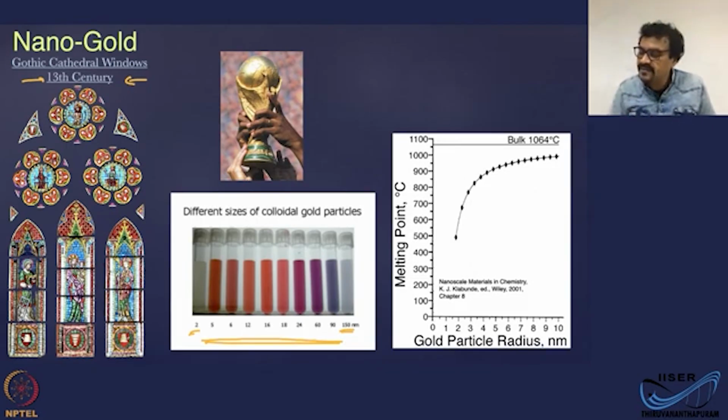Another data where the melting point is going to change as a function of the particle size. When you have a small nanoparticle, nano gold, the melting point is so low, and when it reaches large size, it is going to approach the bulk melting point.